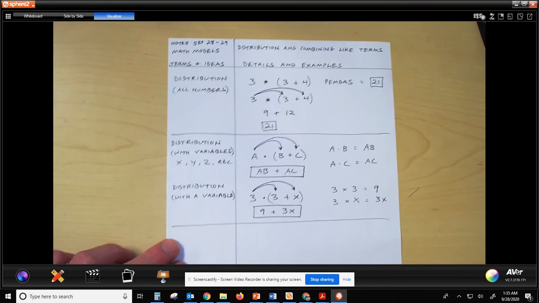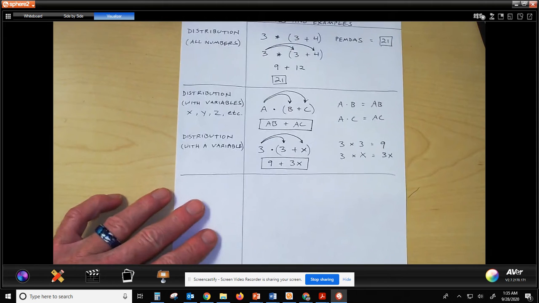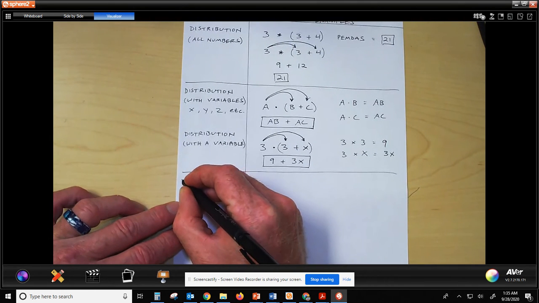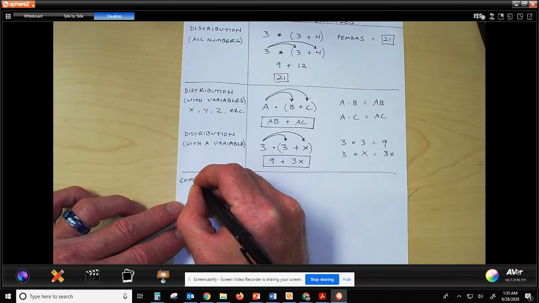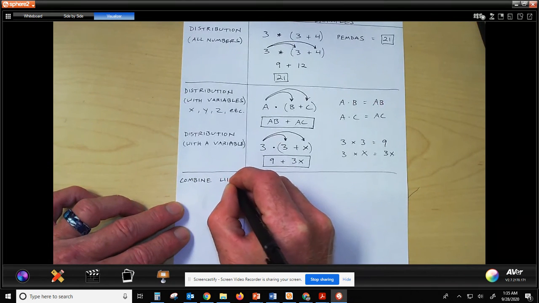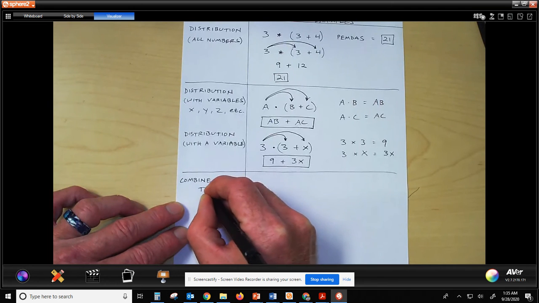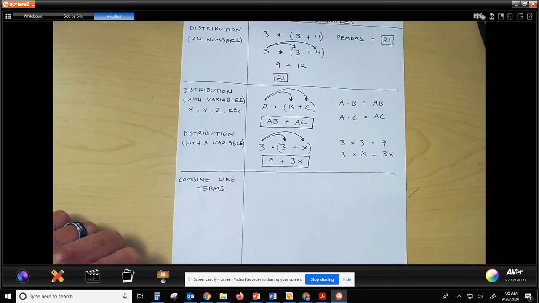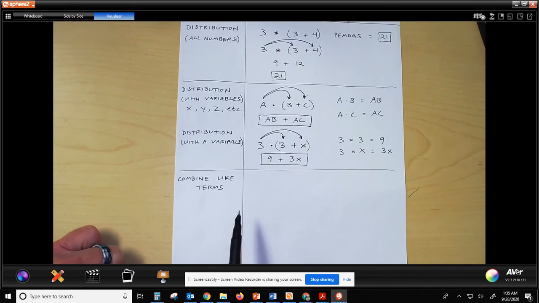I draw a line, and now I want to illustrate some of the later problems we looked at last week. We're going to combine like terms. Okay, there was a poster in the assignment Thursday and Friday.